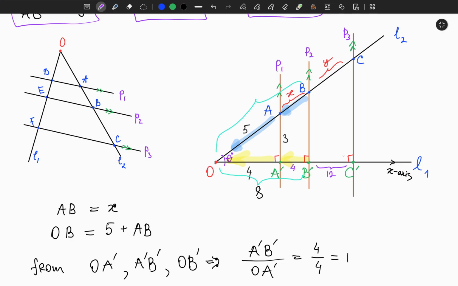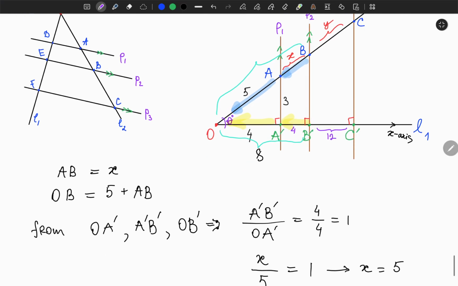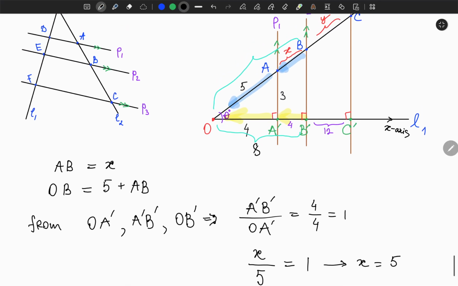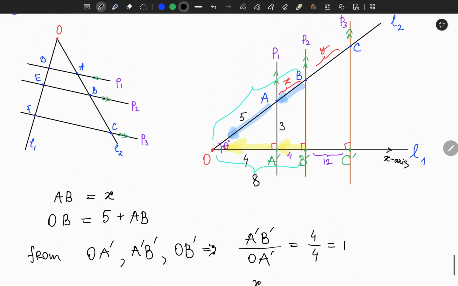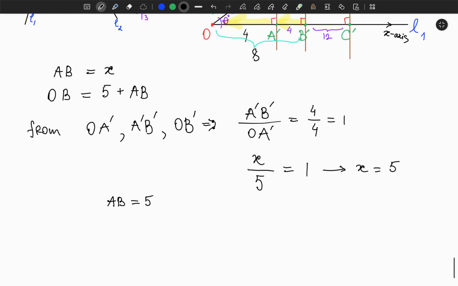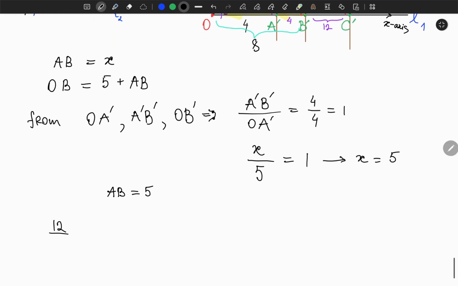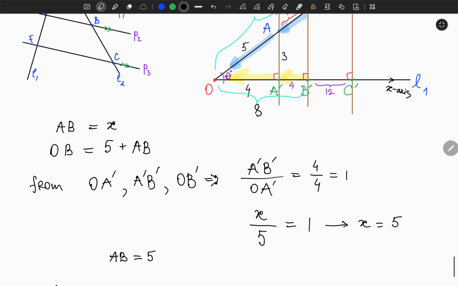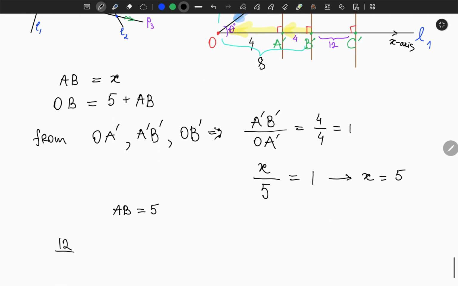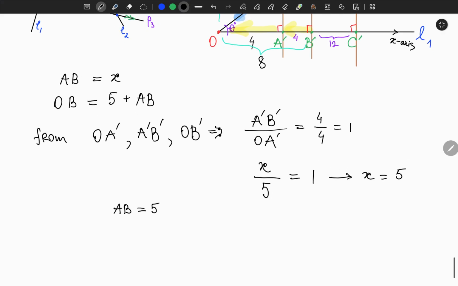Okay, what are we going to do? 12 to 8. In our case 12 to the whole part, the other whole part, which is 8. 12 over 8. Let me write down.